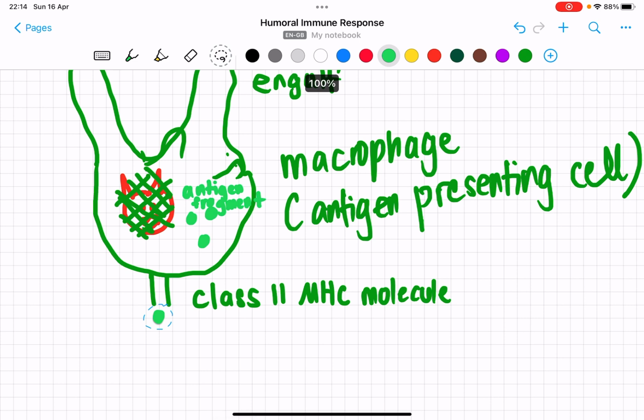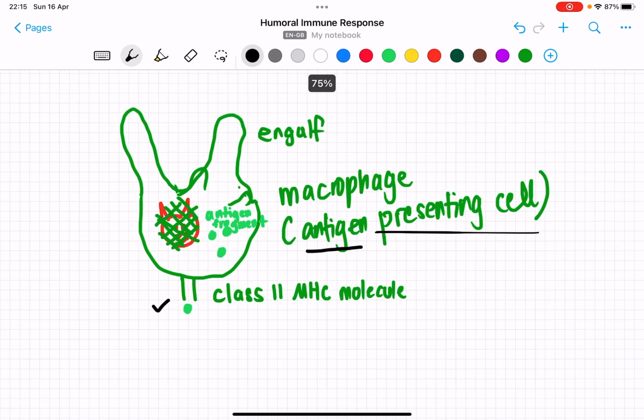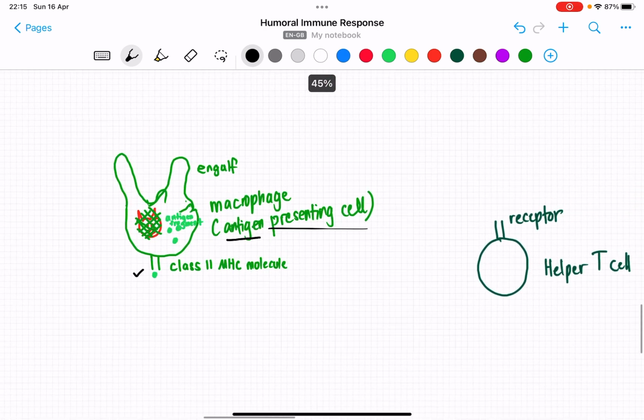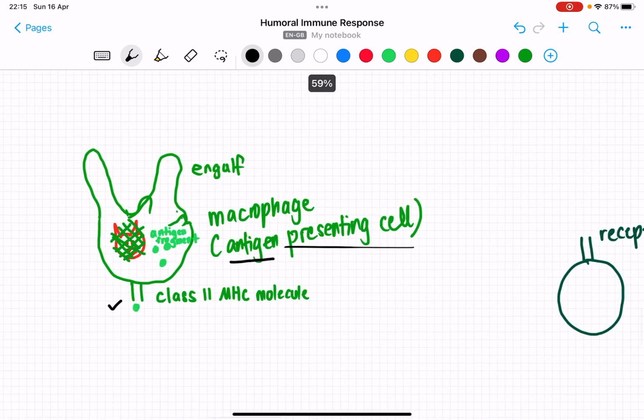So, after the macrophage already shows the antigen fragment on the class 2 MHC molecule, now you can call the macrophage an antigen presenting cell, because it has already presented the antigen outside of its body. So that is the beginning of the humoral immune response.